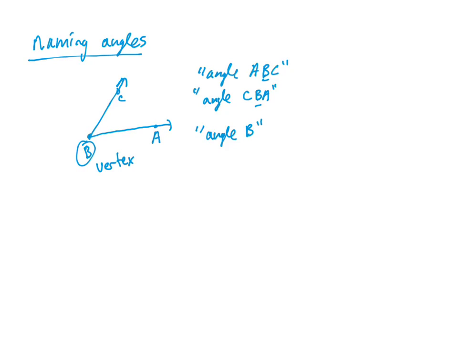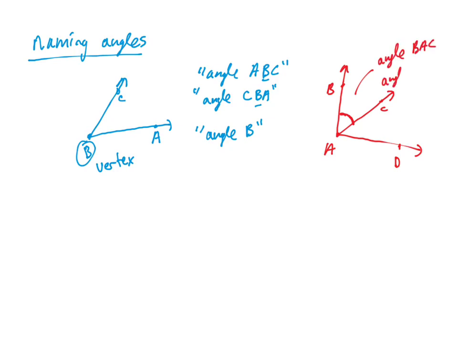Now, we need to be careful if we have something like this. So let's say we have 3 rays at the same endpoint. So let's say A, B, C, and D. We would not want to call any of these angles, for example, let's say I'm talking about this angle. We would want to call that angle BAC or angle CAB.